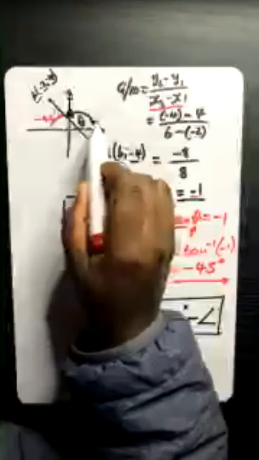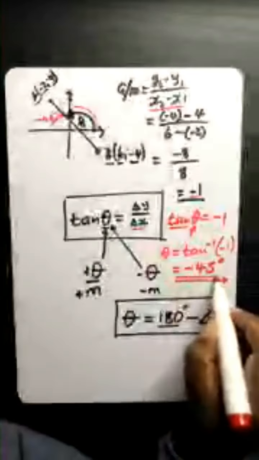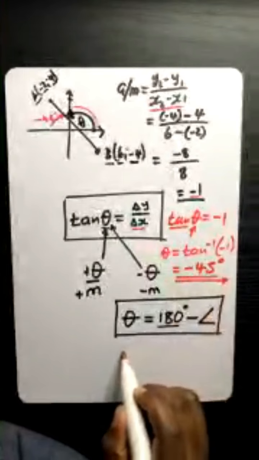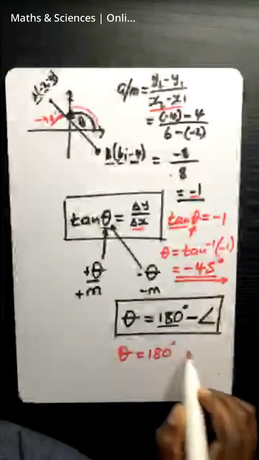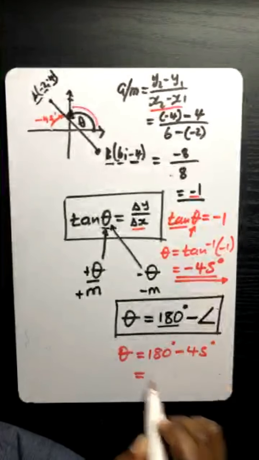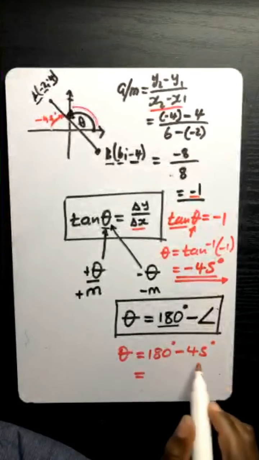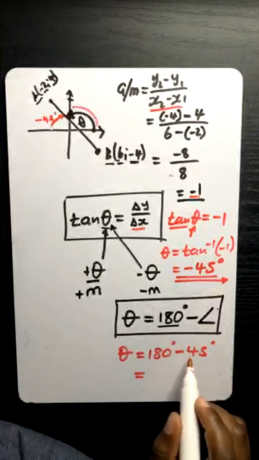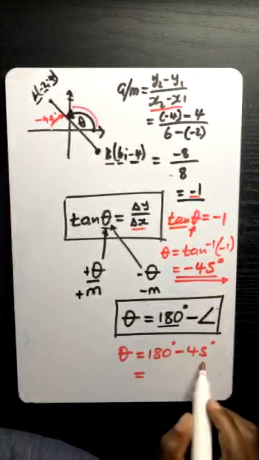But we are not calculating for this angle. We actually want this one. That is why we are going to say the angle theta is actually equal to 180 degrees minus 45 degrees. This is equal to 135.